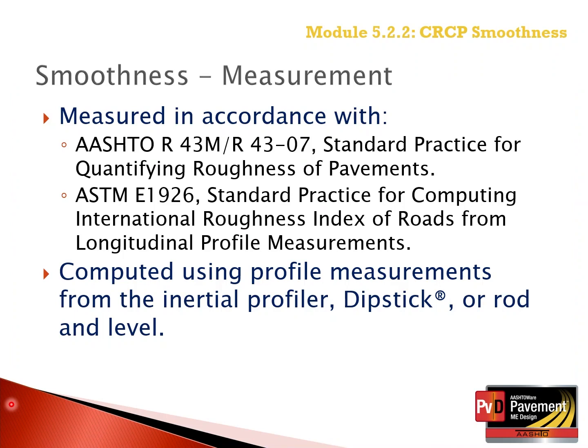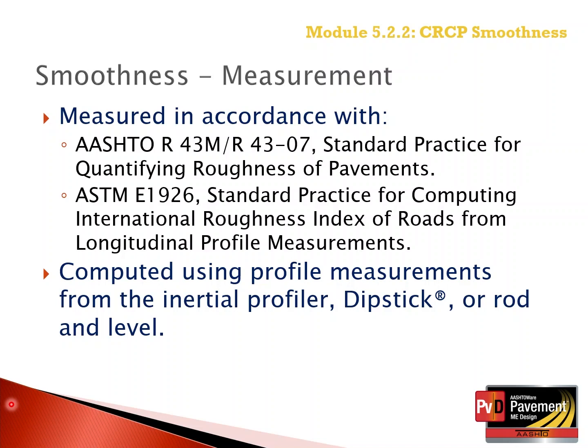Smoothness is measured in accordance with AASHTO R43M or R43-07, which is the standard practice for quantifying roughness of pavements. It can also be measured using ASTM E1926, which is the standard practice for computing the International Roughness Index of roads from longitudinal profile measurements.